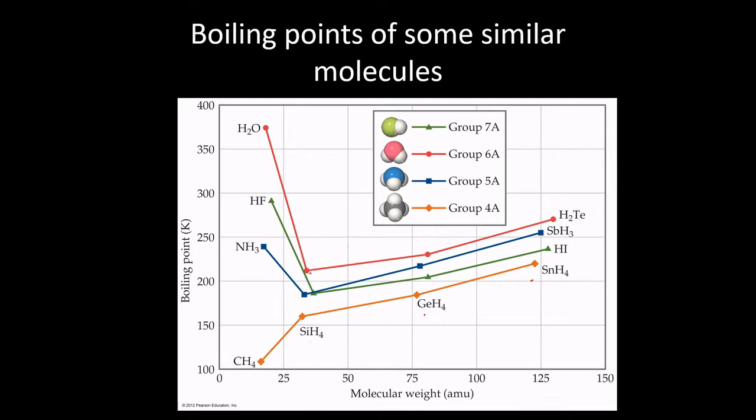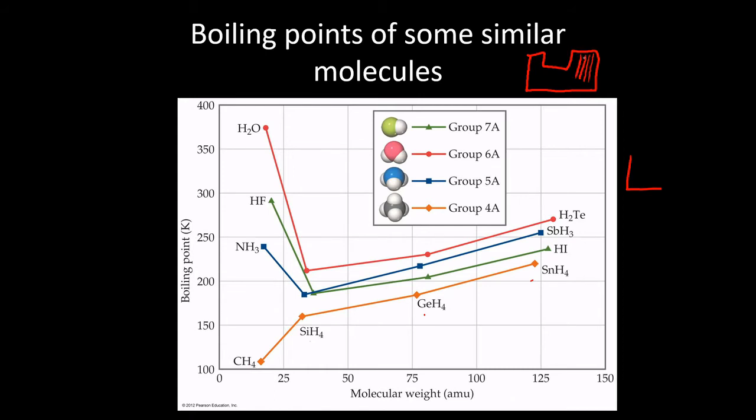If we look at these other data points, for the most part, they also follow that same trend. This is split up into the groups from the periodic table. So this is our periodic table, and we have group 7A, 6A, 5A, 4A.